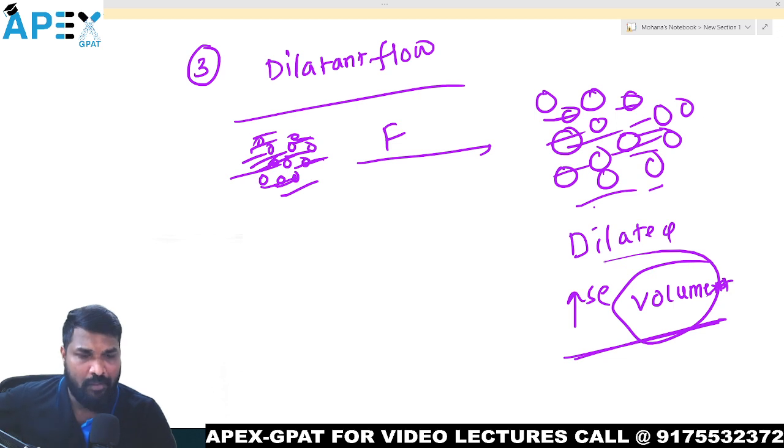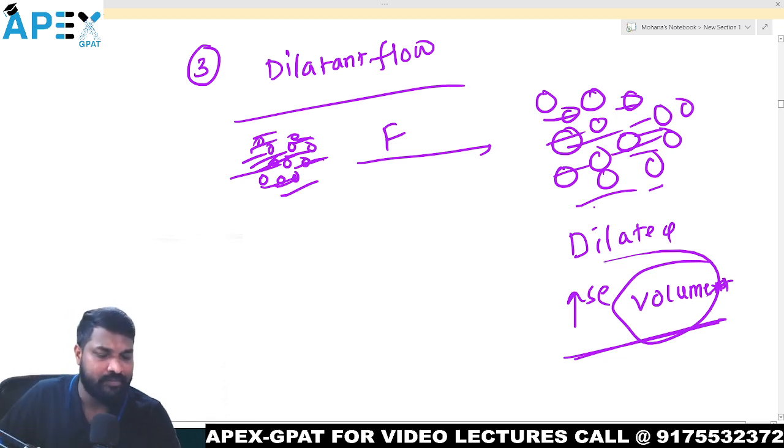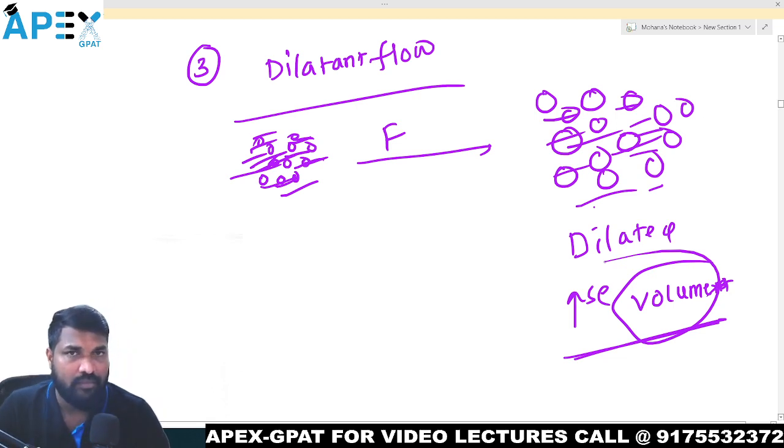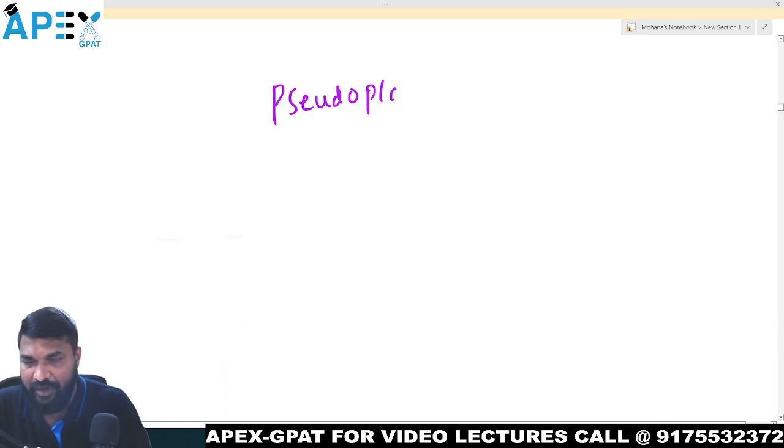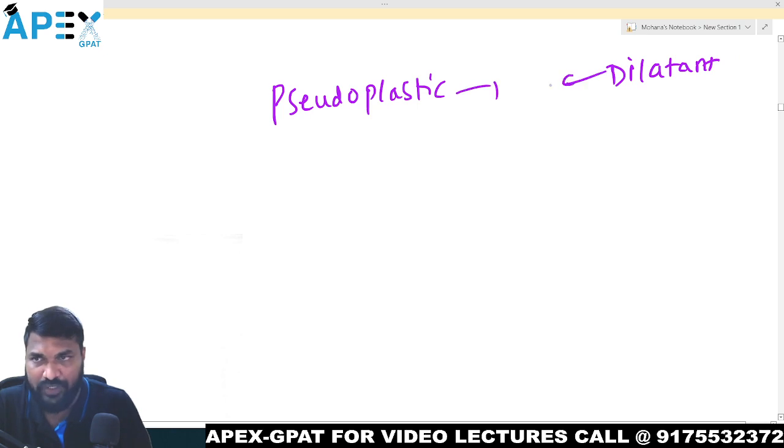But what about the pseudoplastic system? Yes, exactly opposite to the dilatant flow. Always remember, pseudoplastic and dilatant flow are opposite. How are they opposite?